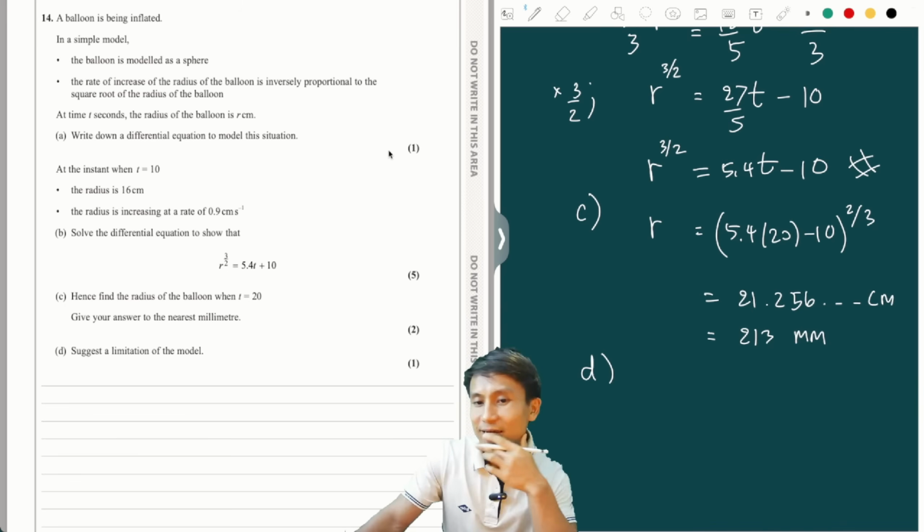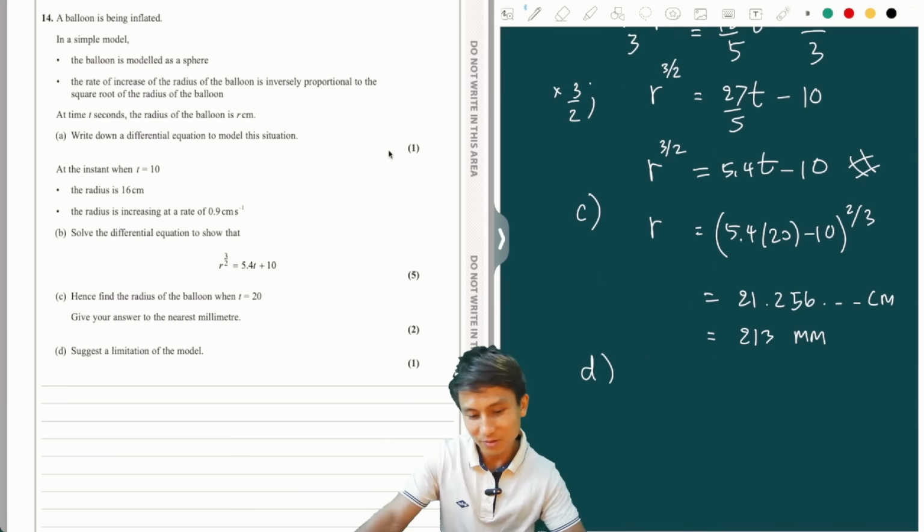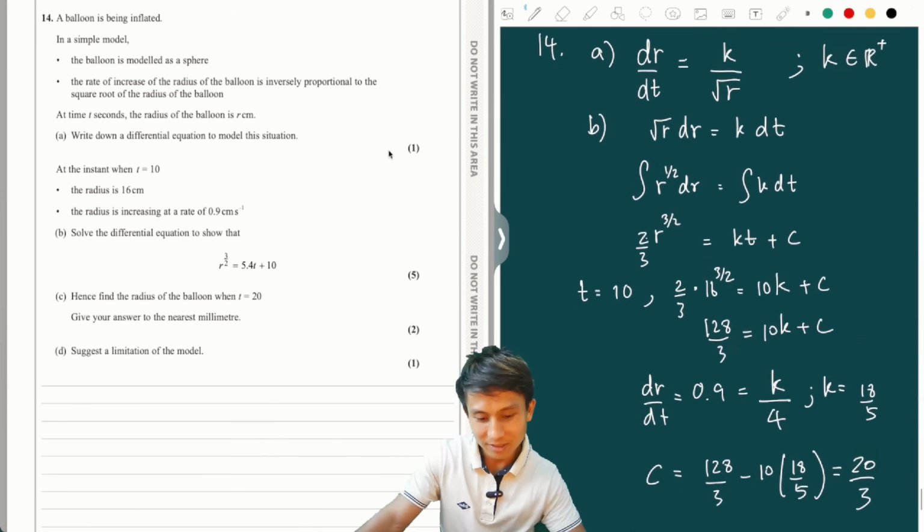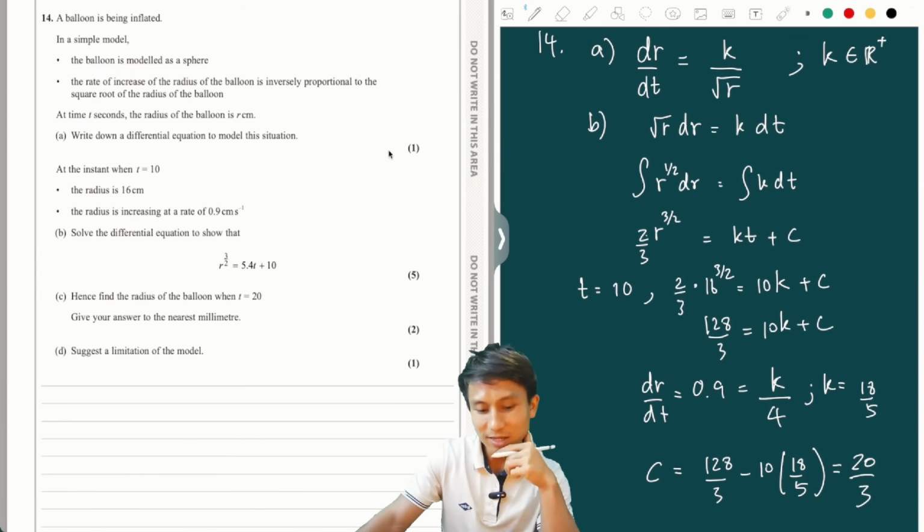So as you can see, guys, if t tends to infinity, r keeps increasing forever. And the rate, let's talk about the rate. Oh, okay. So the rate seems to be inversely proportional to the radius. So if the balloon gets bigger, the rate is smaller and smaller.